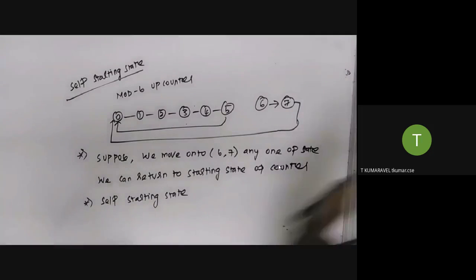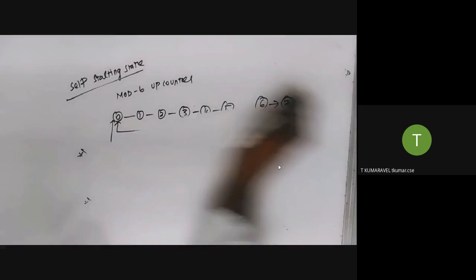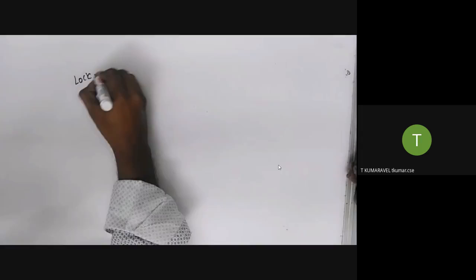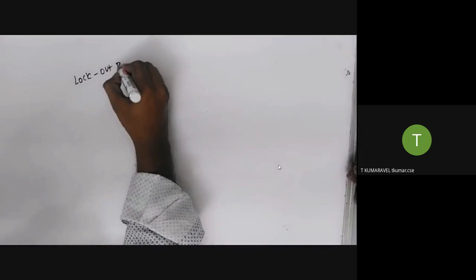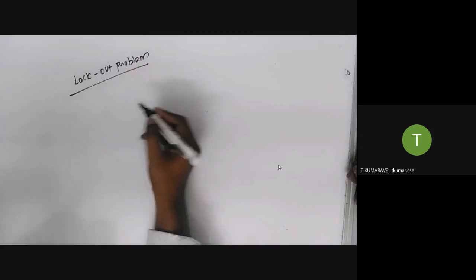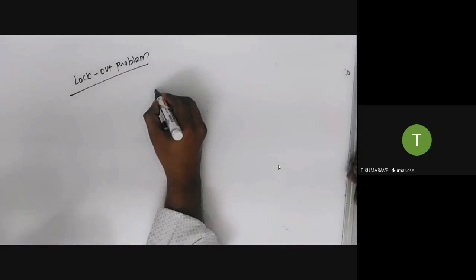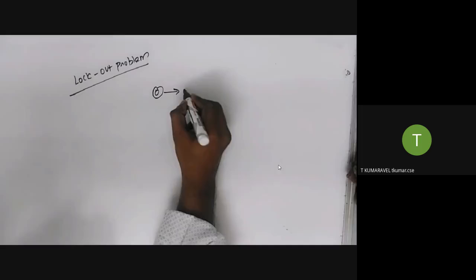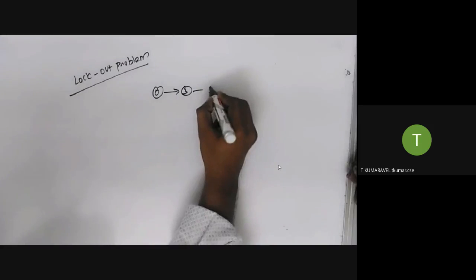Okay, so next I will define one more definition, called lockout problem. What is the meaning of lockout problem? I consider the previous problem. These are the states available: 0, 3, 5 and 6.